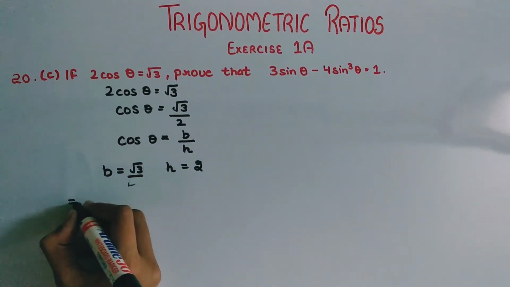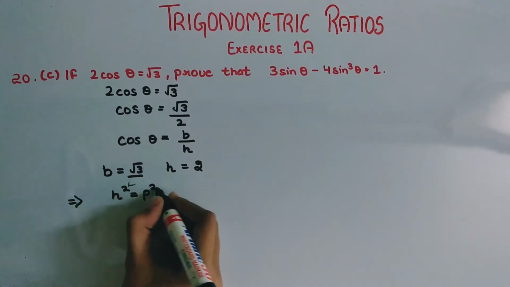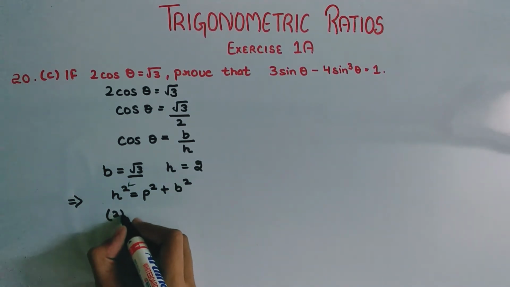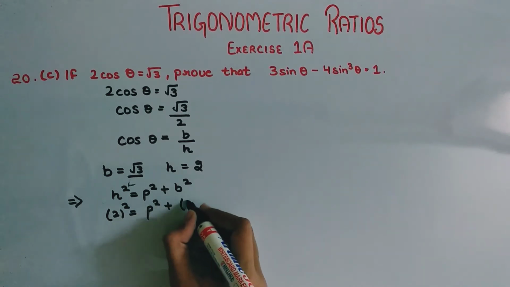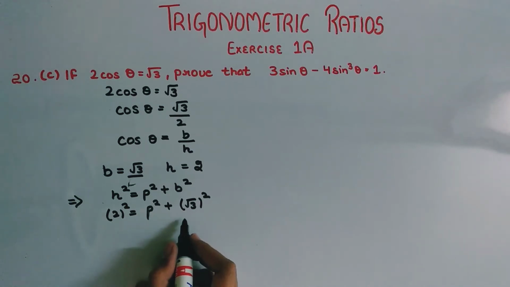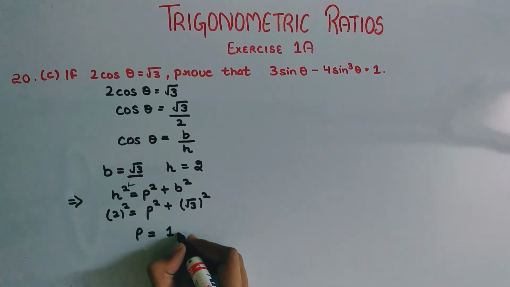We will apply Pythagoras theorem, that is hypotenuse square is equal to perpendicular square plus base square. Value of hypotenuse is 2, perpendicular value we have to find out, and we have base, that is root 3. By solving this equation we will get the value of perpendicular, that is equal to 1.